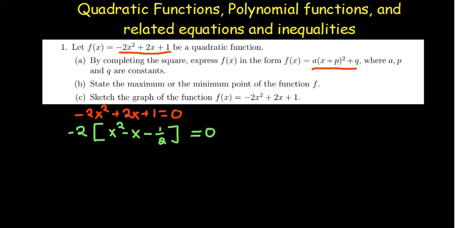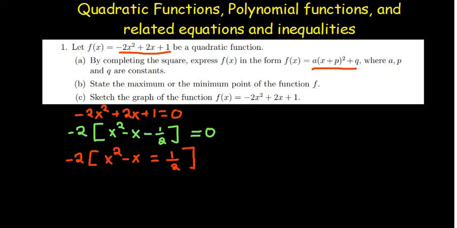The method that I like using is, I'll maintain the negative 2 from outside, and then inside, remember, we've got x squared minus x. What I'll do is take the other part, which is c, negative half, to the other side, so that becomes a positive half. That's what I usually like doing.